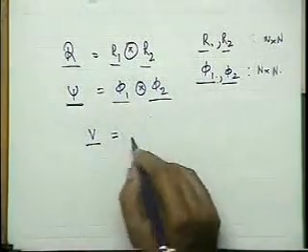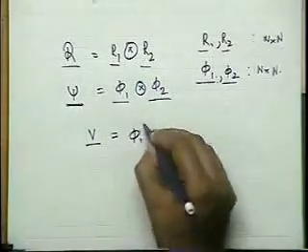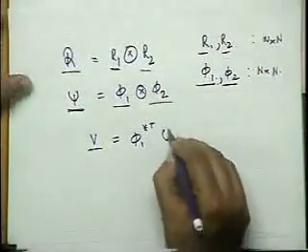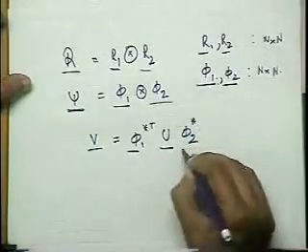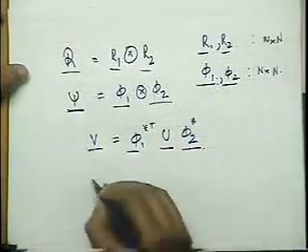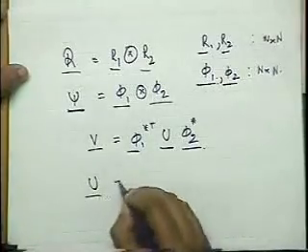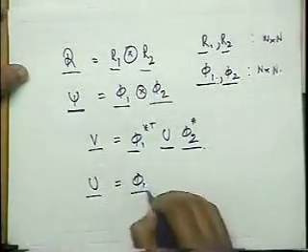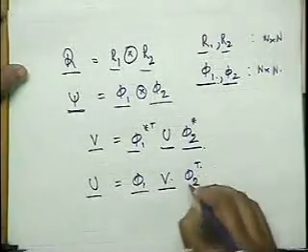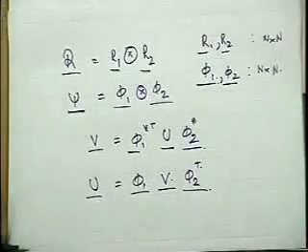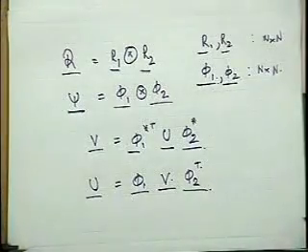So this is written as V equals phi 1 star transpose U phi 2 star, and the reverse transformation U can be written as phi 1 V phi 2 transpose. These are going to be the transformation expressions.